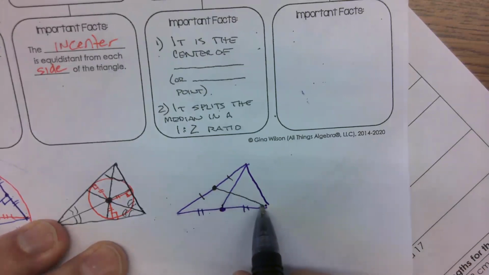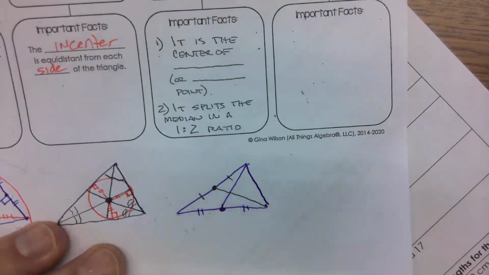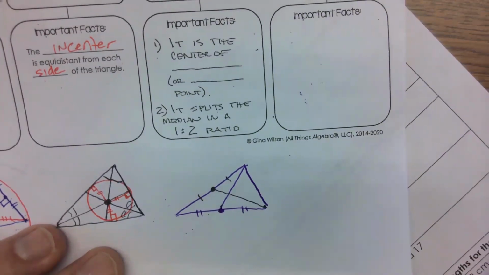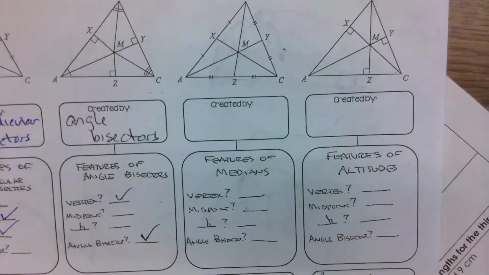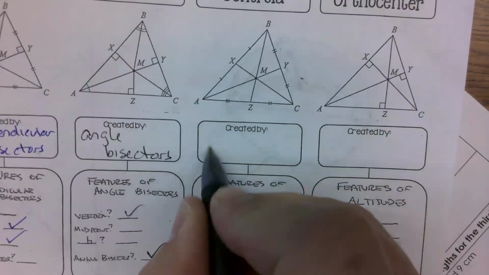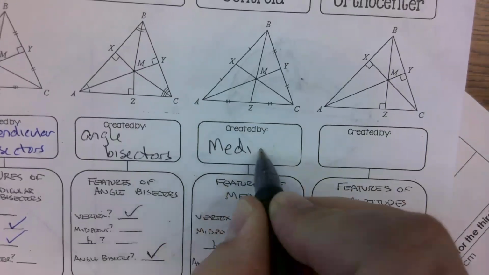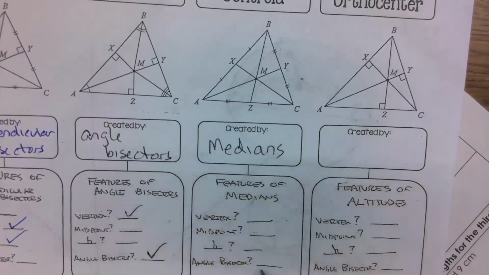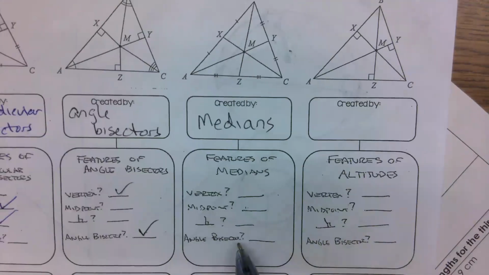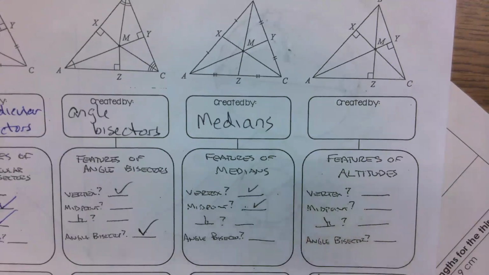Midpoint of the side over to the other vertex. And so again, what I'm using here are the medians, which include which features? Vertex and midpoint.